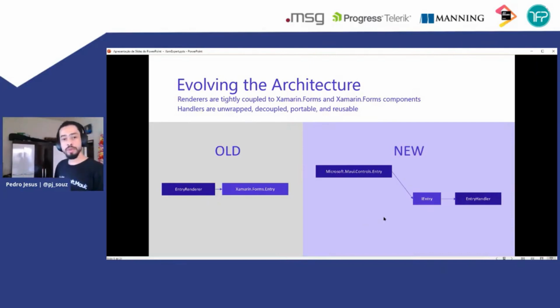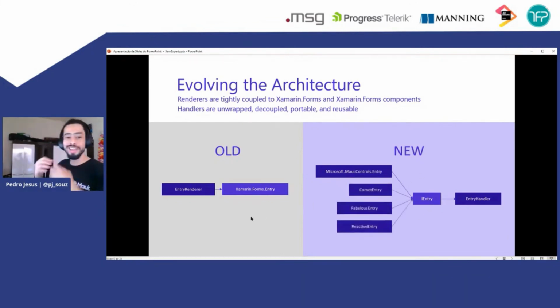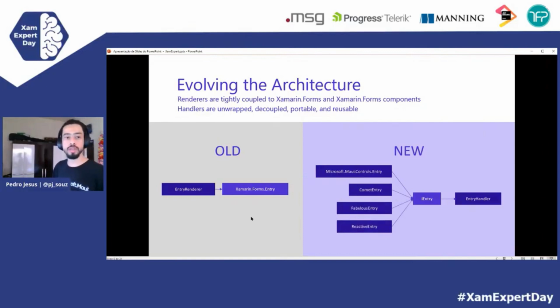But remember that .NET MAUI is also a handler engine. Since we have this interface here, we can use any kind of entry that we want in other UI frameworks. For example, here I can have a Comet entry, and Comet is the MVU framework for .NET MAUI, so if you like MVU, you can use that. We can have a Fabulous entry, a Reactive entry, and all these UI frameworks will use the same entry handler from .NET MAUI.